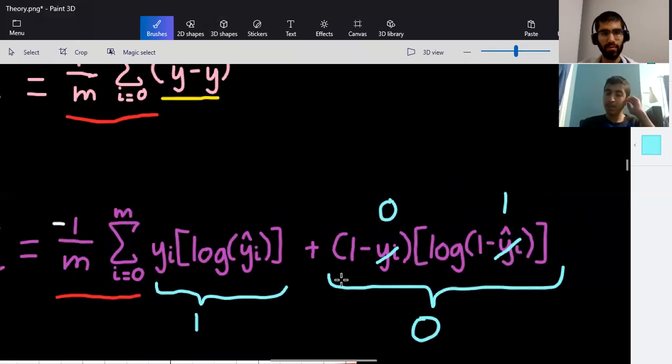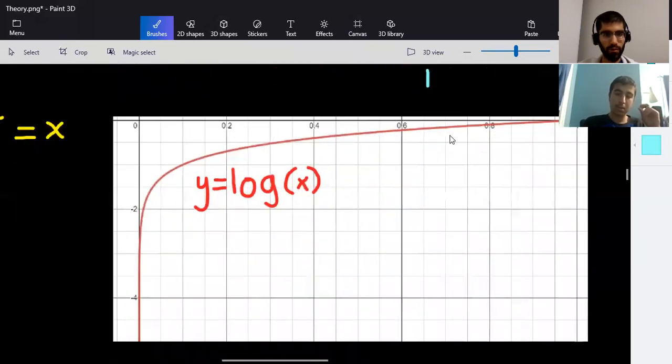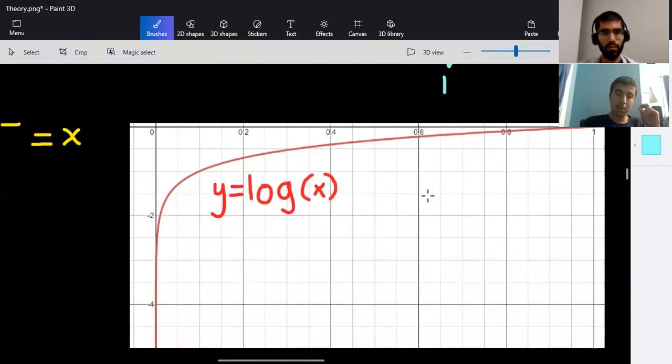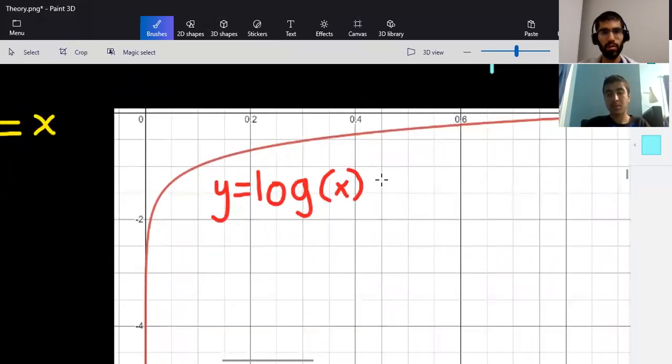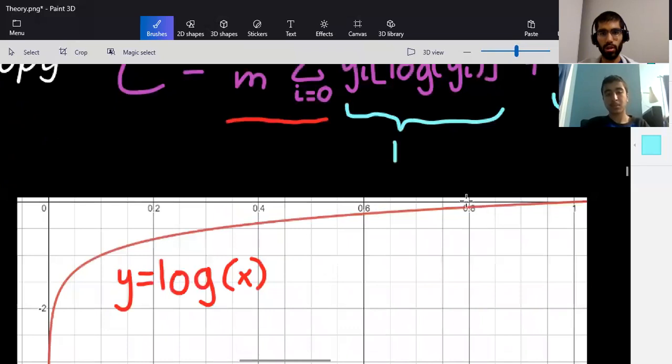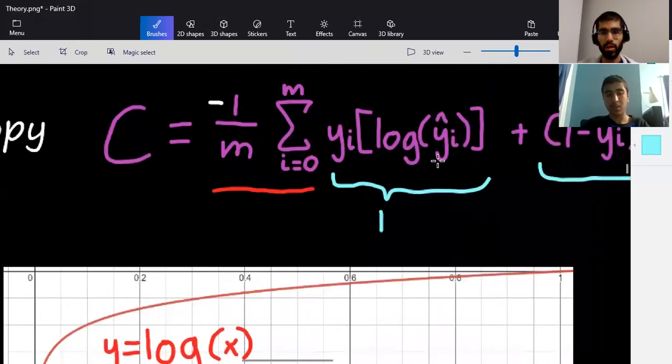Wait, so could you go to the graph again? Sure. Here's the graph. So what were you saying again, if the prediction is 1, then the cost is 0? So remember, y is equal to log of x. On the x direction here, I'm passing in the prediction.